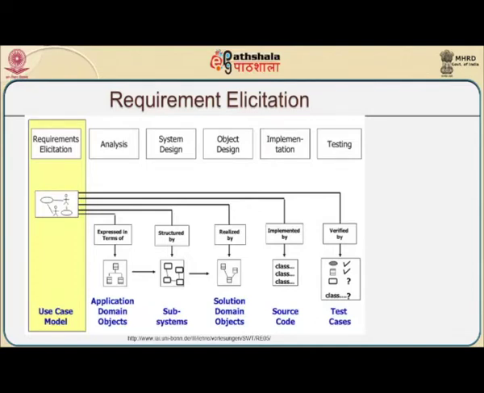For designing objects, the solution for the domain objects can be realized after plotting the use case models, and further from the use case models it will be easy for us to implement the source code by splitting each and every class. And finally, this helps us verify by defining the test cases early during the development cycle.